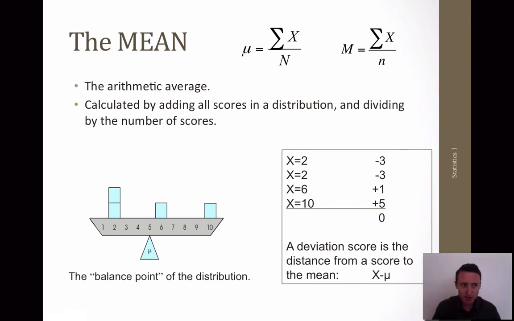Another disadvantage to the mean is you can't always calculate the mean depending on the scale of measurement you're using. By the way, refer to your 4 scales of measurement: nominal, ordinal, interval, and ratio. You cannot calculate the mean for nominal or ordinal data. Nominal data, for example, college major.